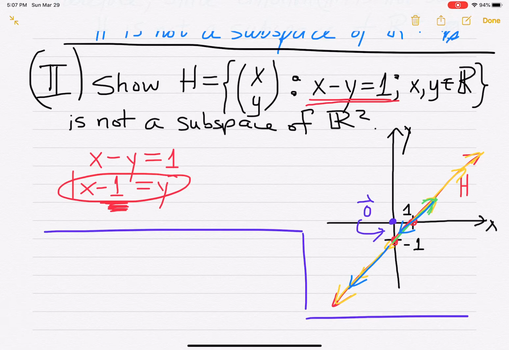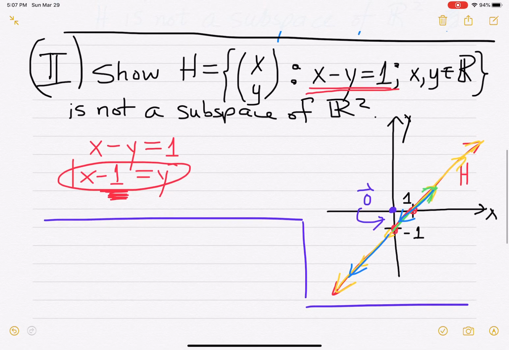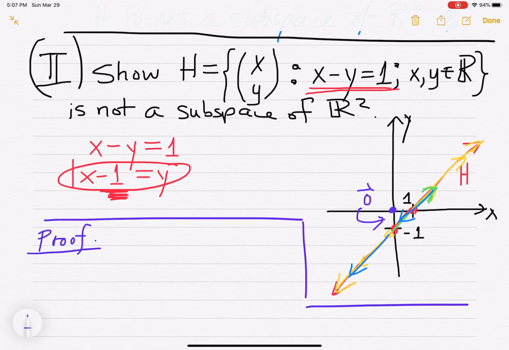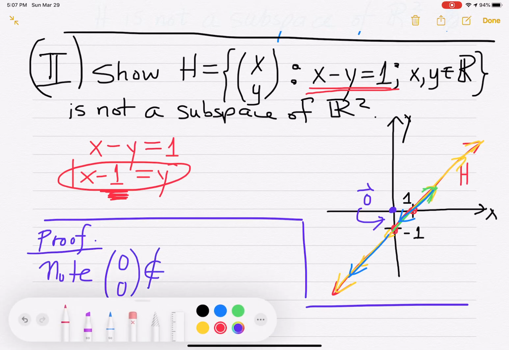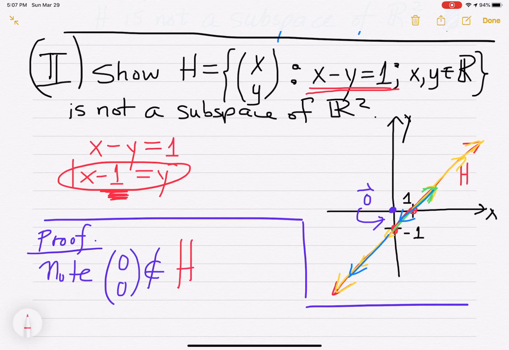Let's actually do the proof now to prove the zero vector's not here. How do you prove the zero vector's not here? Let's say proof. So, note (0, 0), that's the zero vector, is not an element of H. Why?